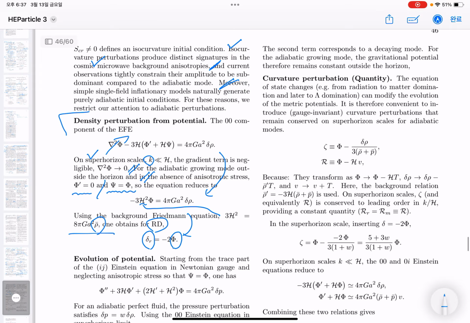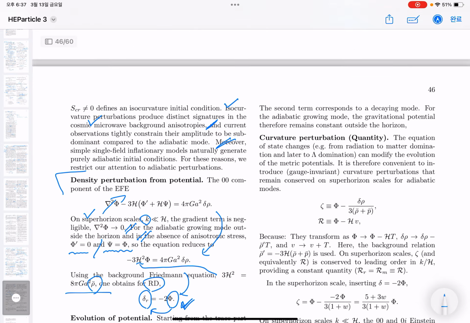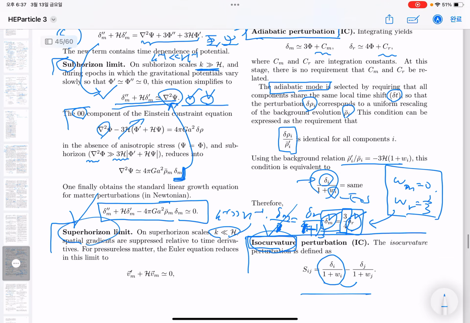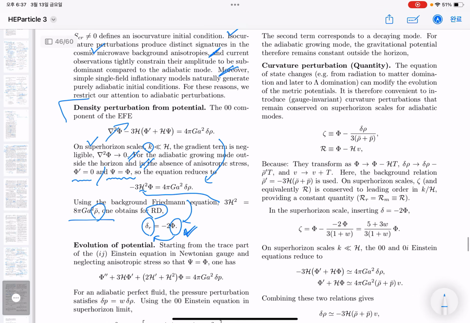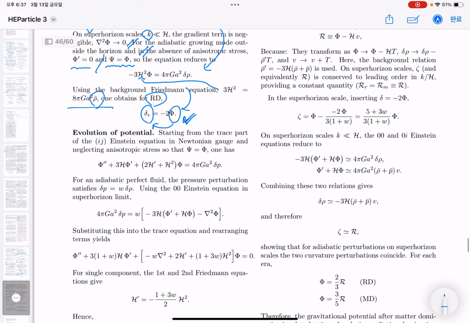So if we obtain the evolution of the scalar potential, then we can obtain the radiation perturbation. The evolution of the potential can be obtained from the other components of the Einstein equation. Let's focus on the trace part of the ij component. In the Newtonian gauge without anisotropic stress, this equation reduces to the following form.